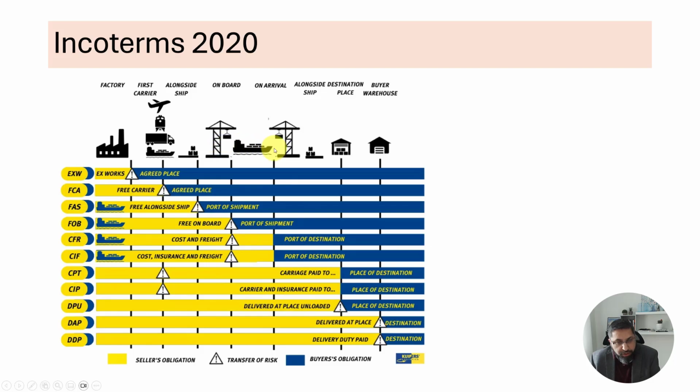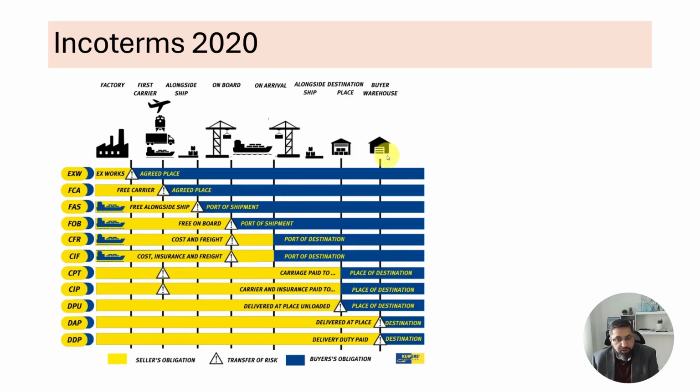Then the ship travels in the seas and oceans. Then it reaches a destination. Then you have alongside ship again, which is offloaded from the ship onto the port. And then they are moved with other modes of transportation to the destination place, which could be a port terminal, or they could be moved all the way to the buyer's location.